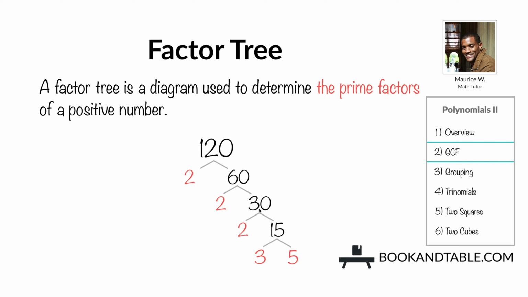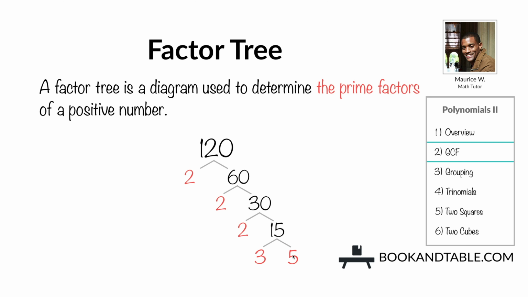We'll break up 30 into the product of 2 times 15. 2 is a prime factor, so we'll leave that side. 15 is not, so we'll break that down further into the product of 3 times 5. And now we have prime factors at the end of our tree. And we see 2 times 2 is 4. 4 times 2 is 8. 8 times 3 is 24. And 24 times 5 is 120. So we have factored 120 as far as we can.